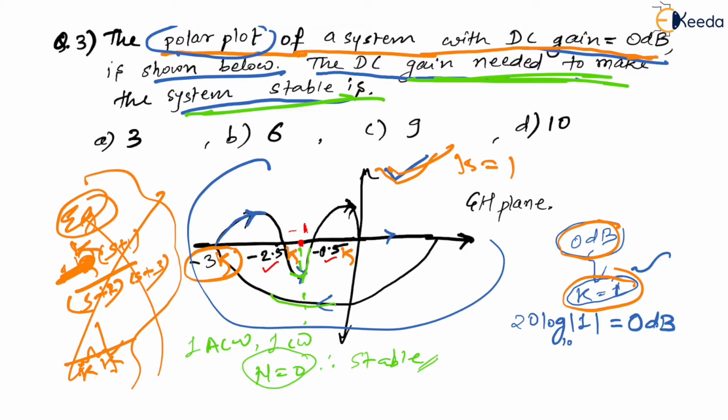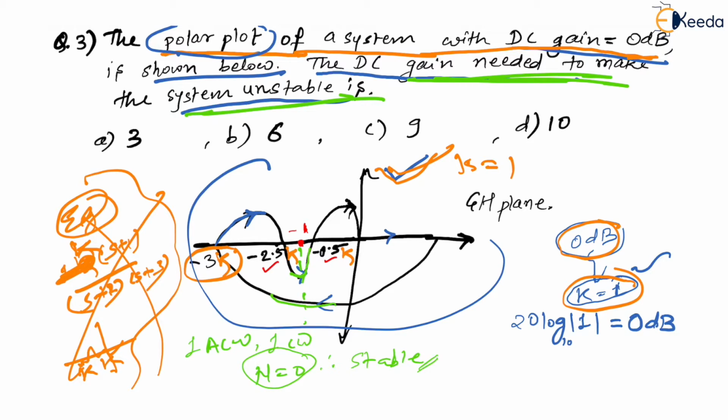But we want some other values as well for which the system will become unstable. Here they were asking that needed to make the system stable. You can please make a note, you can make it as unstable. A small error there, it's okay, no problem with it, right?